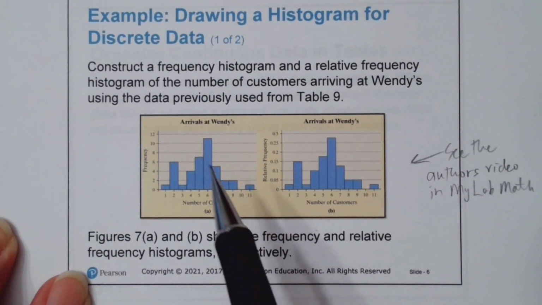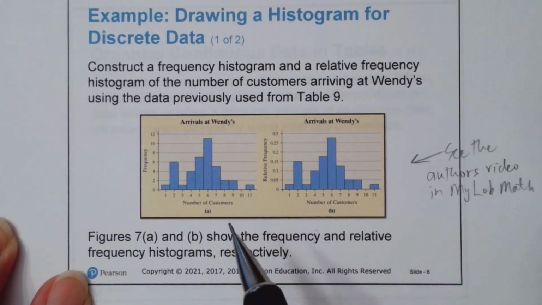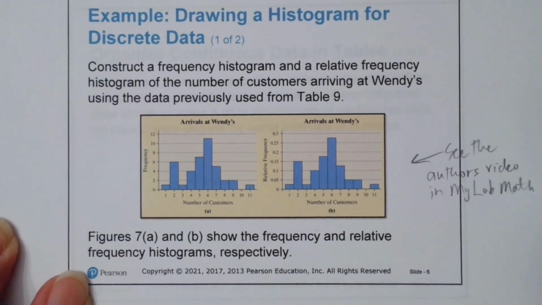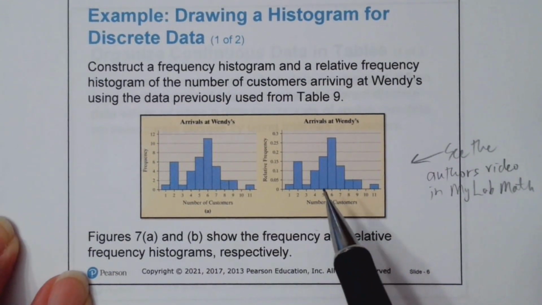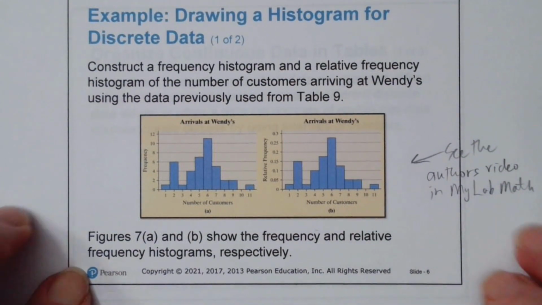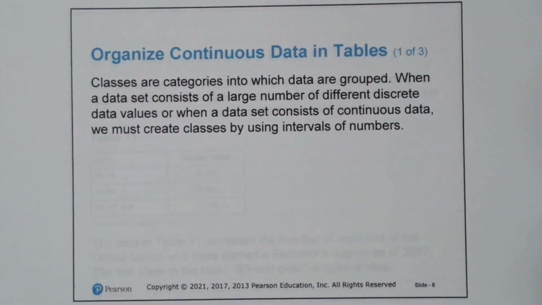But again, you should be able to add all those up, and you could get your total of 40. And actually, I think that's about all I wanted to say for now. Let's go ahead and move on to the next slide.